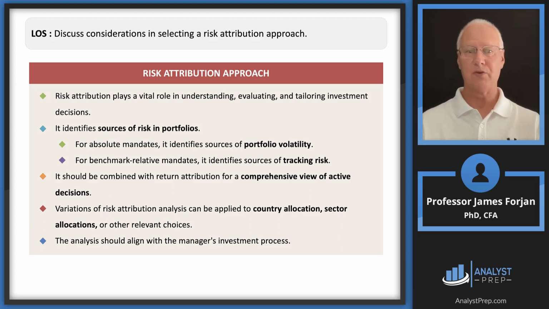So this risk attribution is going to identify the source of risk. So for absolute mandates, we're going to look at the sources of portfolio volatility. But when we compare to a benchmark, we're going to look for tracking risk. Sometimes it's called tracking error. And you can do this with country allocation, and you can do it with sector allocation. You can do it with any other kind of allocation that you can come up with.